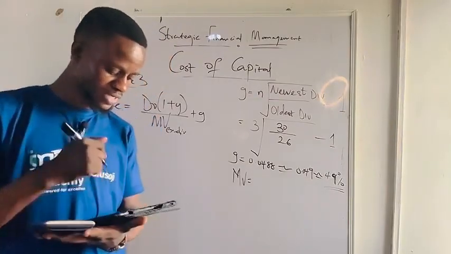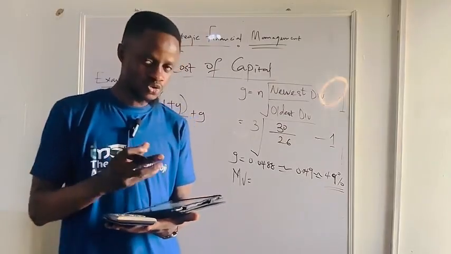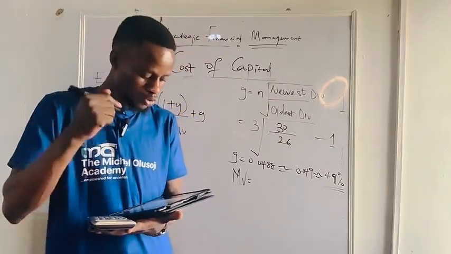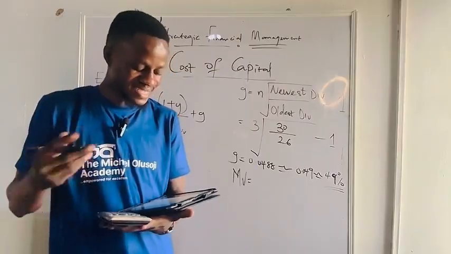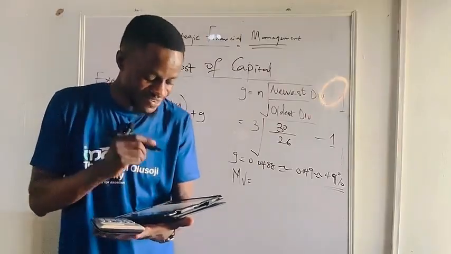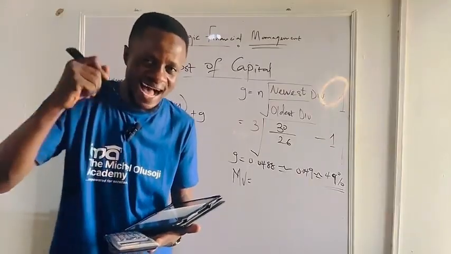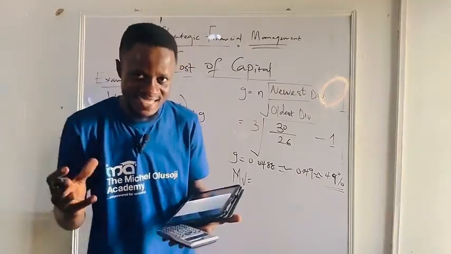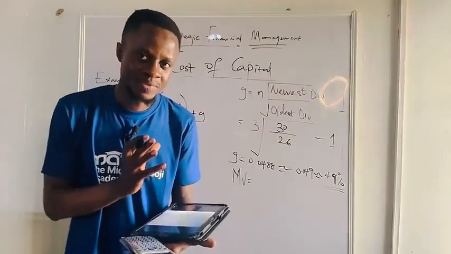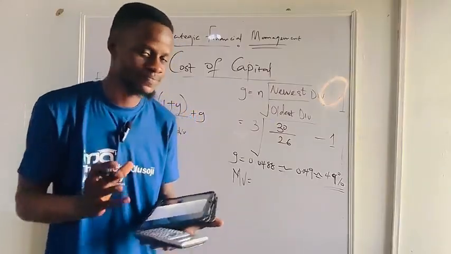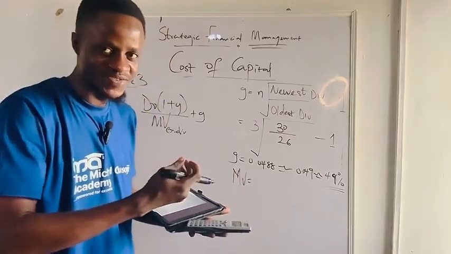The current market price has dividend inside, because the question says a dividend of 30 kobo per share is expected to be paid shortly. That means the dividend has not been paid. That dividend is still inside the MPS, market price per share. So you have to remove it.